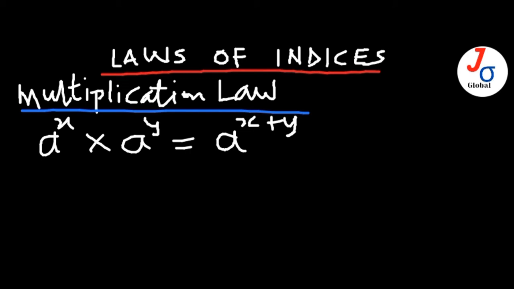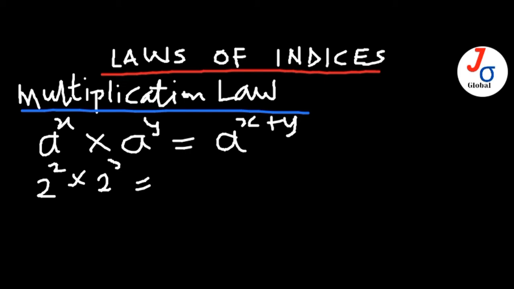Let me give you an example. Let's say 2 to the power of 2 multiplied by 2 to the power of 3. Now, mind you, they have the same base, so the law is only applied when the bases are the same.